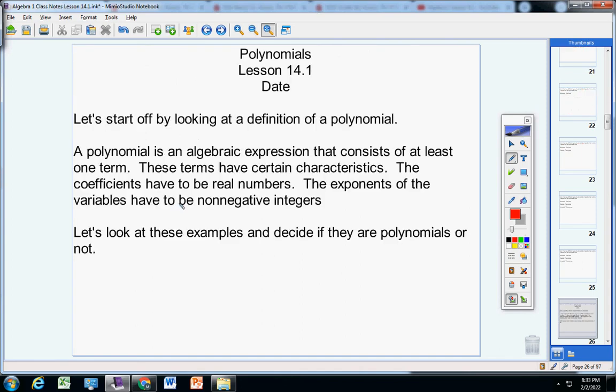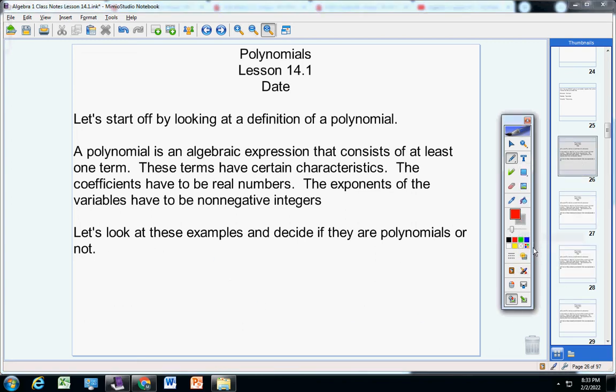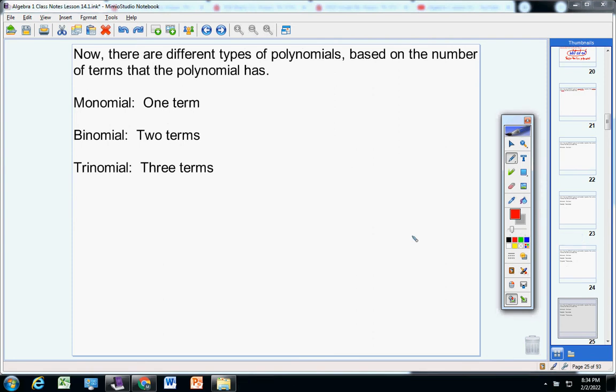Now, let's practice this. Here we go. Not sure what's going on here, so hold on one second. Okay, guys, I'm back. Not sure where those extra slides came from, but anyways, if there's one term, monomial; two terms, binomial; three terms, trinomial.